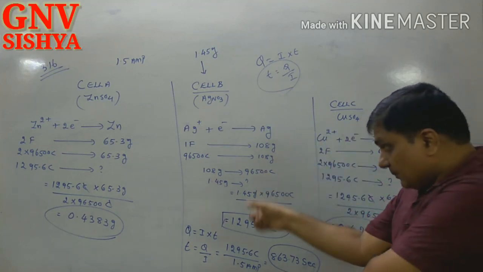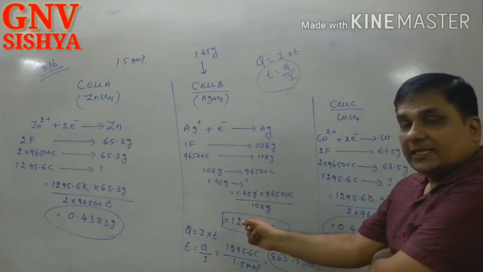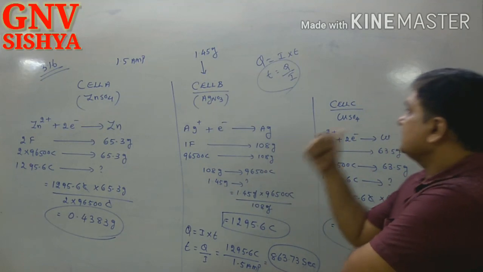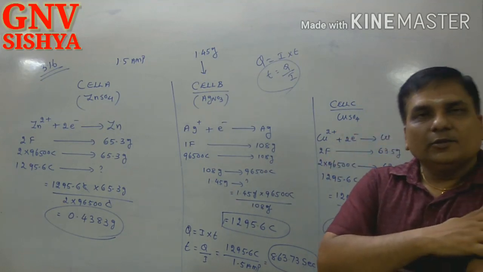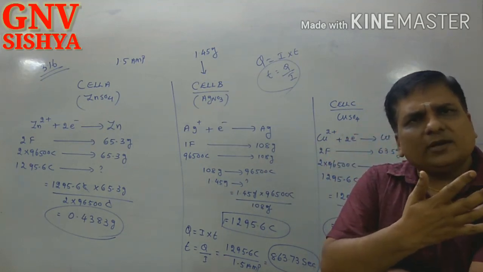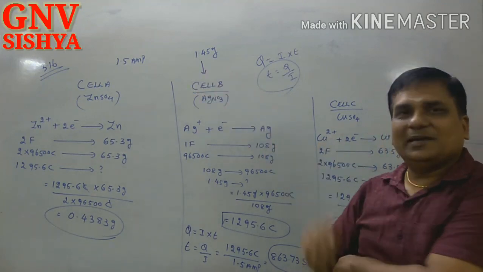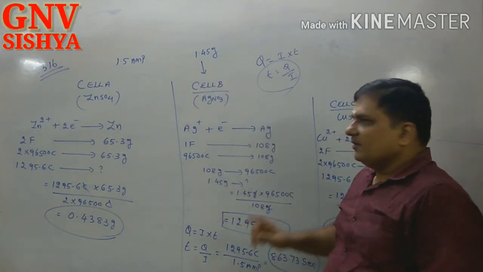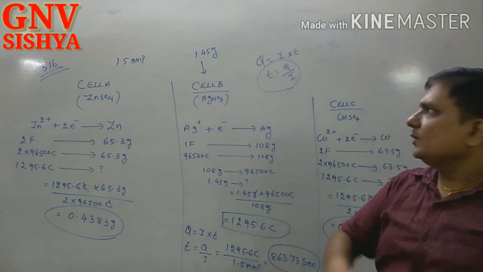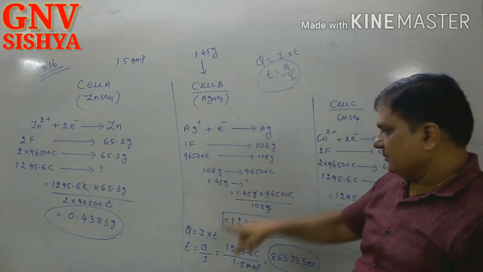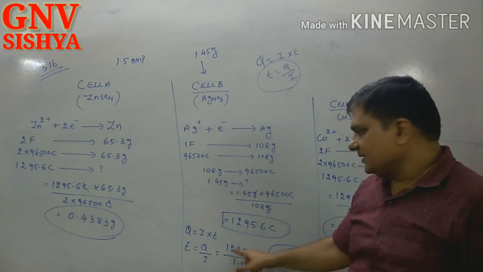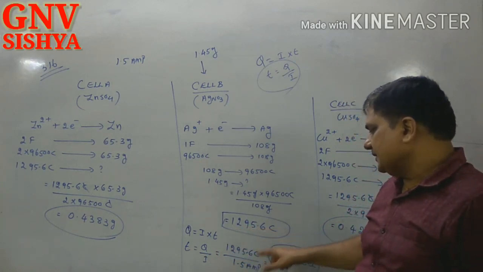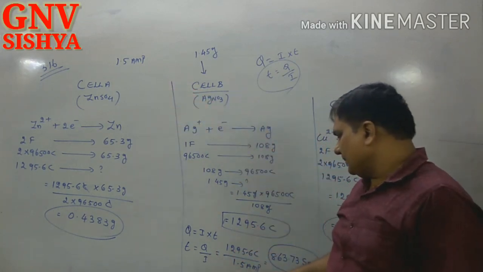Remember, this amount of electricity is passing through zinc sulfate, passing through copper sulfate. You can ask me, how, sir, the same quantity of electricity? Because the same ampere current, same current, same quantity of electricity. Okay, so first let us evaluate the first one. Time is equal to Q by I. So, quantity of electricity 1295.6 coulomb divided by 1.5 ampere.